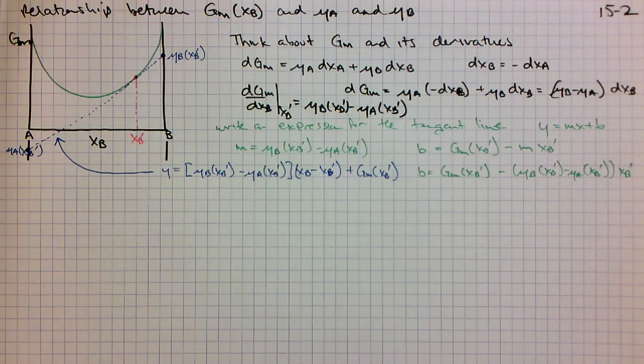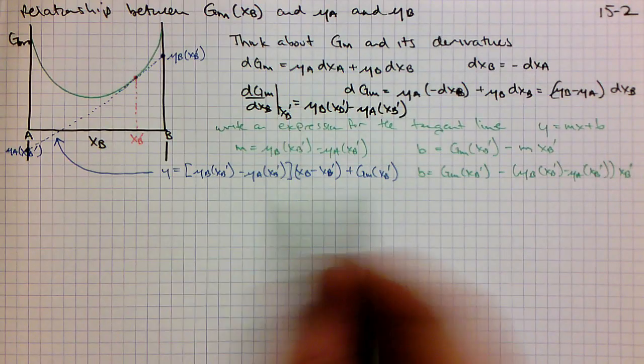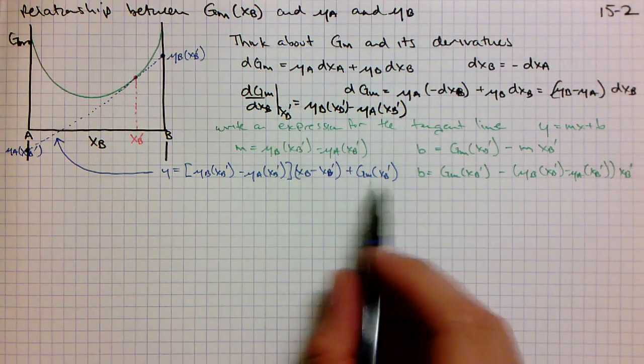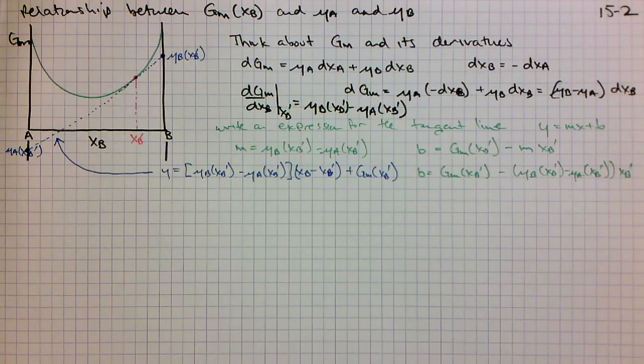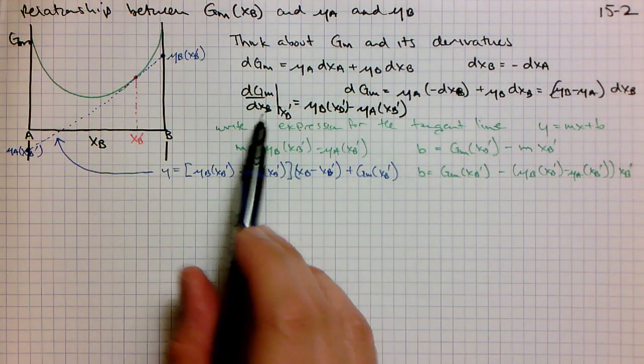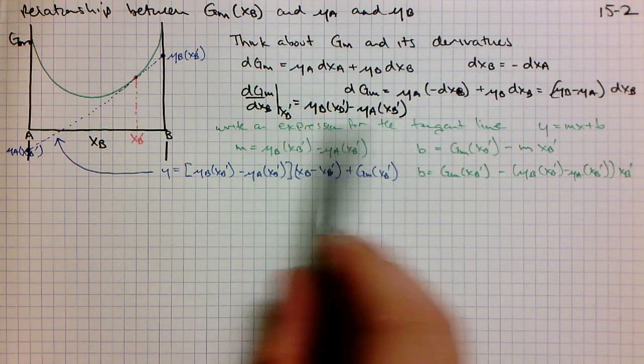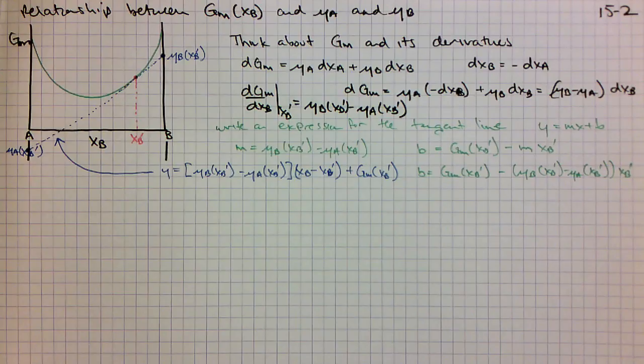Okay, so now we have this in terms of gm at xb prime, but we want an expression for gm at xb prime. So let's use the fact that we've defined that dgm/dxb at xb prime must be equal to mu b at xb prime minus mu a at xb prime.